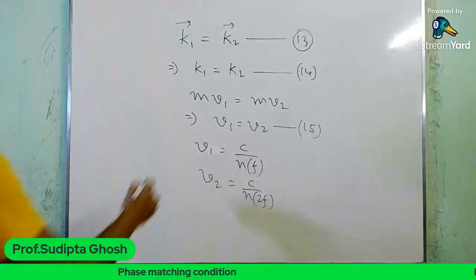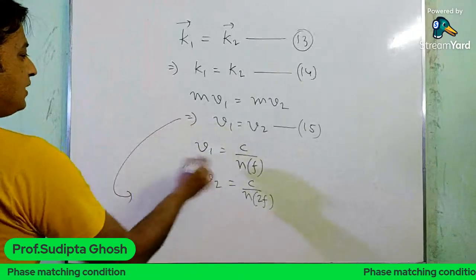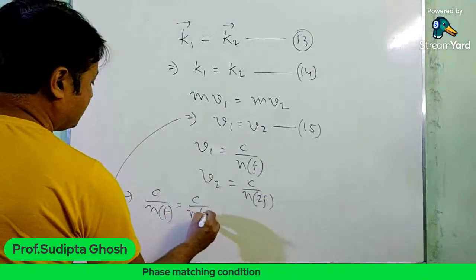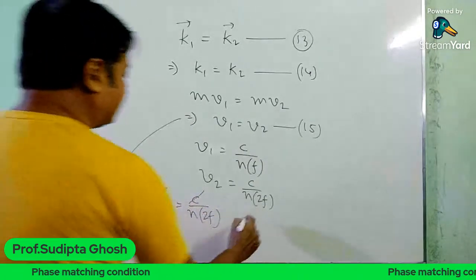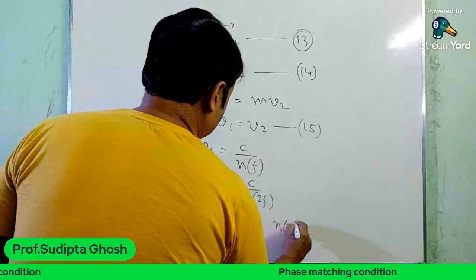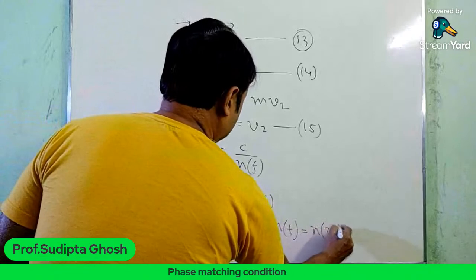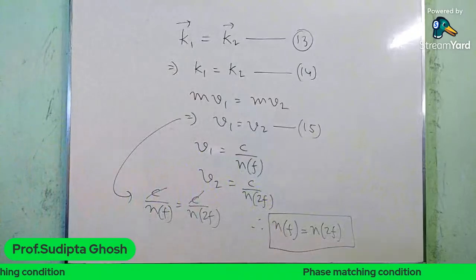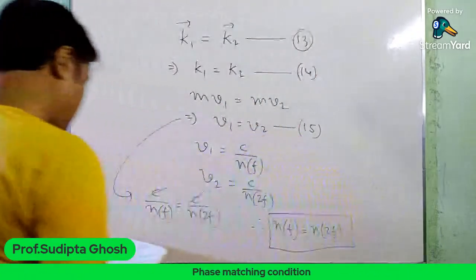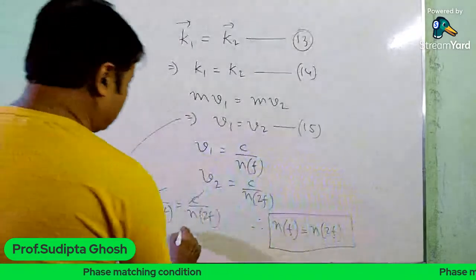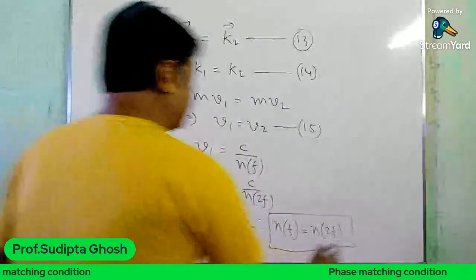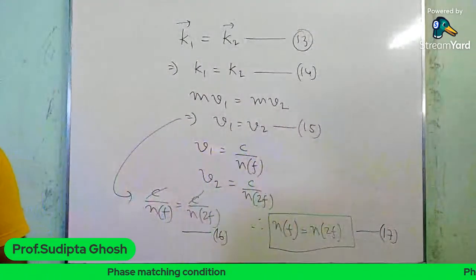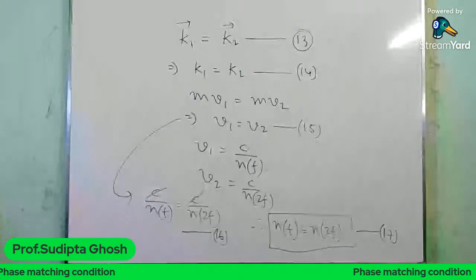That means from equation 15 we actually have c by n(f) equal to c by n(2f), and then c cancels, that means n(f) must be equal to n(2f), and this is actually the phase matching condition. Equation 17, c by n(f) equals c by n(2f). If it is equation 16, then this equation is equation 17, where this is the phase matching condition.